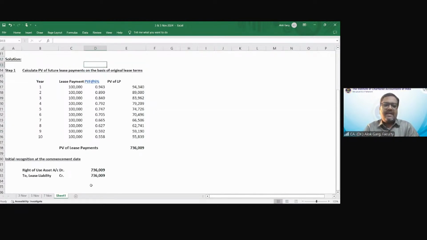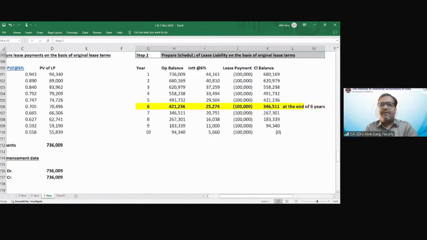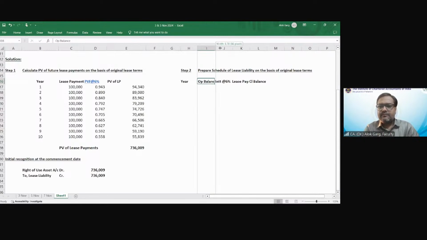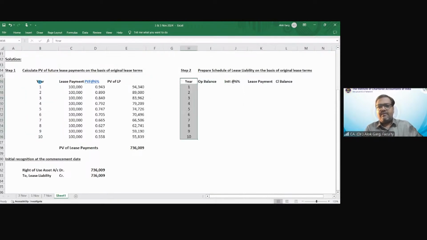Shall I prepare the lease liability schedule also? Because step number 2, I need to prepare the lease liability schedule on the basis of original lease terms. Opening balance, interest at the rate of 6%, lease payments and closing balance, for years 1 to 10.